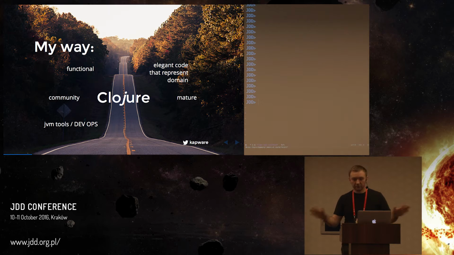So you don't have to convince your DevOps to install, for example, a new alien virtual machine or anything like that. And you can also use existing libraries. So if you have a library in Java, which won't be too functional, but you want to use it, you can still use it from Clojure, and it's really easy to do so.